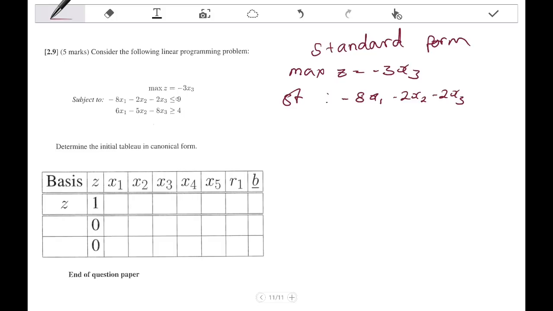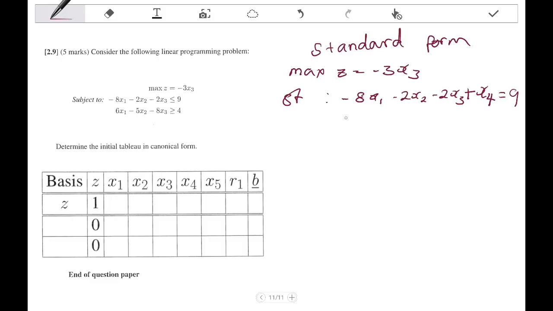Since it's less than or equal to, that means you have to add the slack variable, which is s1, or let's call that actually x4. Add x4 for this to be equal to 9.